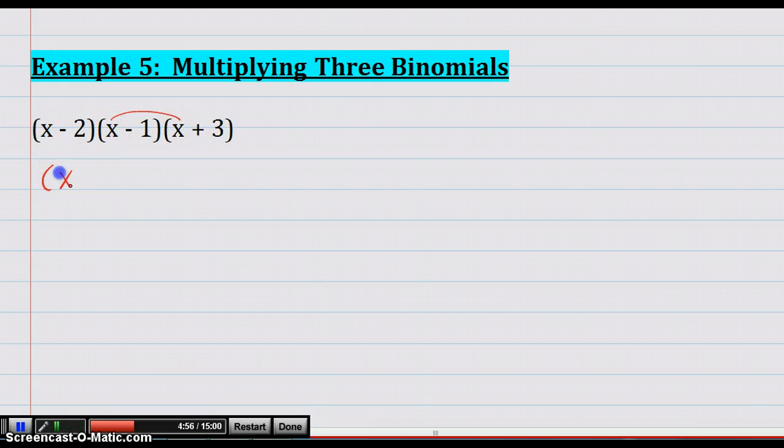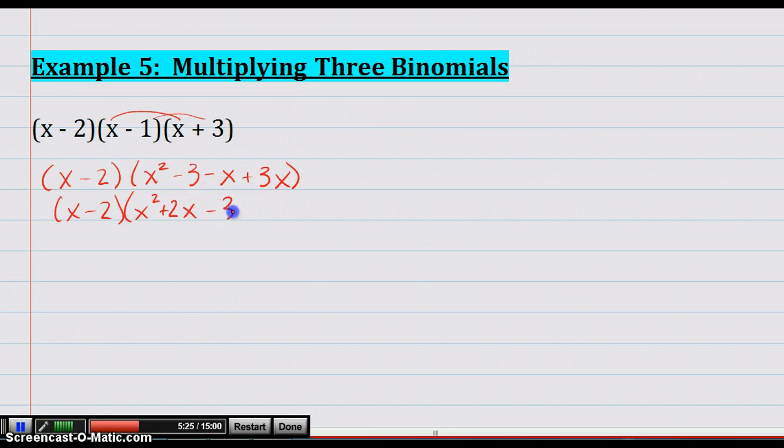So I'm going to use FOIL here. First I'm going to write my x minus 2, and that's all going to be times the x squared minus 3 minus x plus 3x, and then we can simplify that a little bit with our like terms, so x squared plus 2x minus 3.